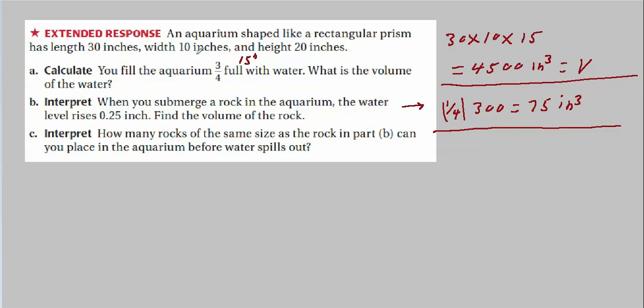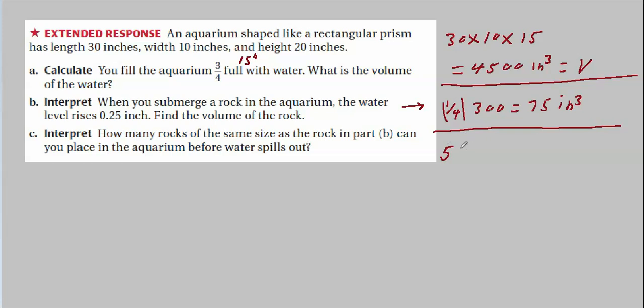And just as 3/4 was 15 inches, the last quarter of the height would be 5 inches. So the 5 inches from the water level to the top of the tank is what's left over. So that's how much volume we haven't used. That's how much the aquarium could hold, but we haven't used yet. We could do it that way.